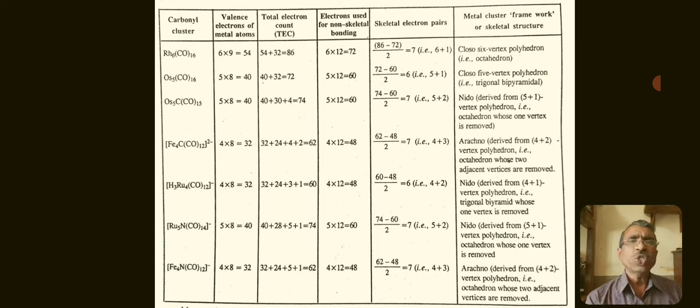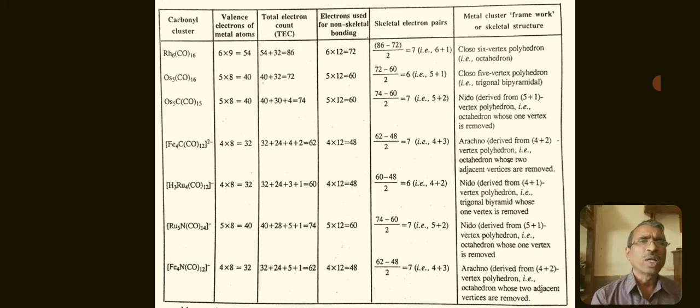Now, in this cluster, we have 6 rhodium atoms, so M is 6. To become a total of 7, it belongs to the class 6 plus 1, or we can say M plus 1.